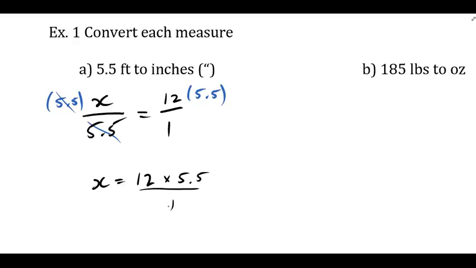And I'm telling you, people get a little bit cocky when it comes to doing this stuff, and they want to do the shortcut. And for the most part, they understand it. They're like, why do I have to use a proportion? I know you just multiply by 12. So in some cases, you multiply. In some cases, you divide. But I'm telling you, if you do that, first of all, I'm going to want to see you at least once or twice set up a proportion to solve it.